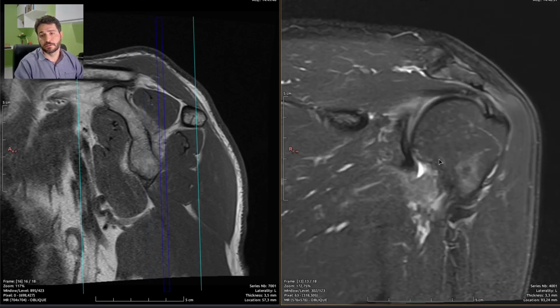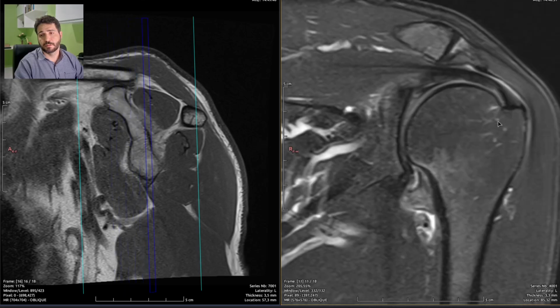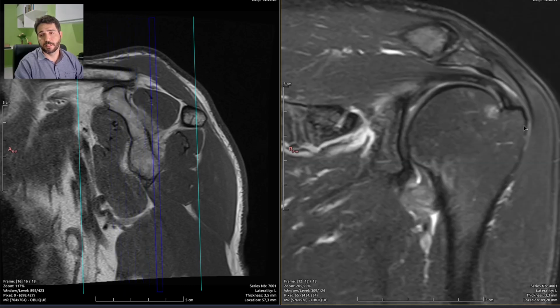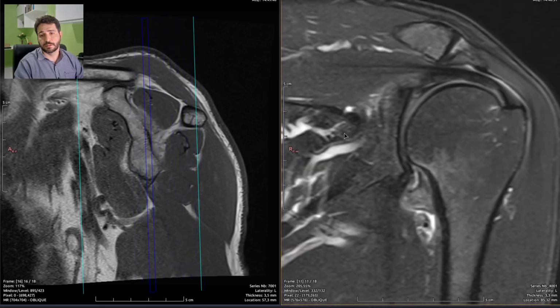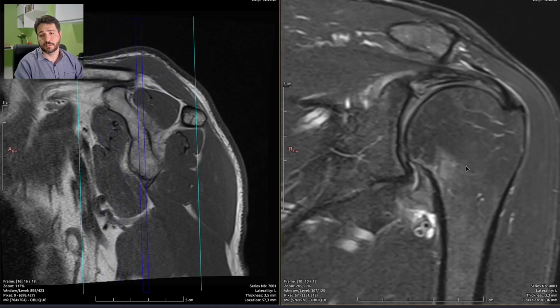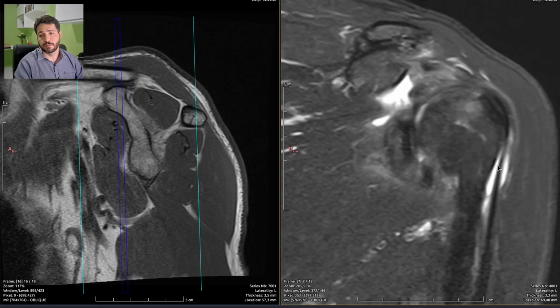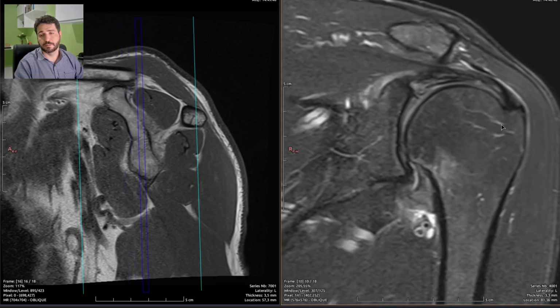So, just to recap, glenoid tear right here, tendinitis right here, bursitis right here. This is also bursitis. Oh, this is the synovitis of the biceps tendon.